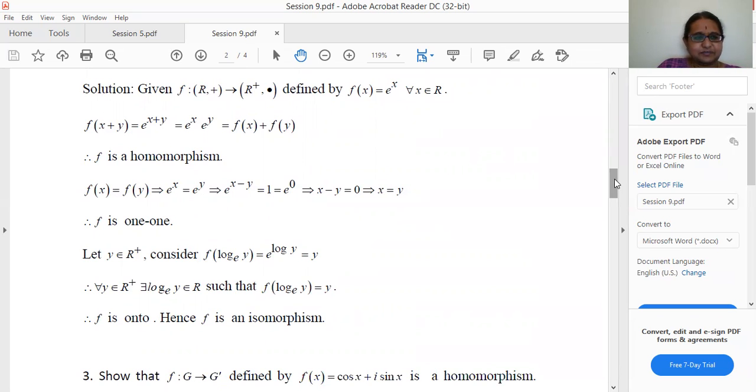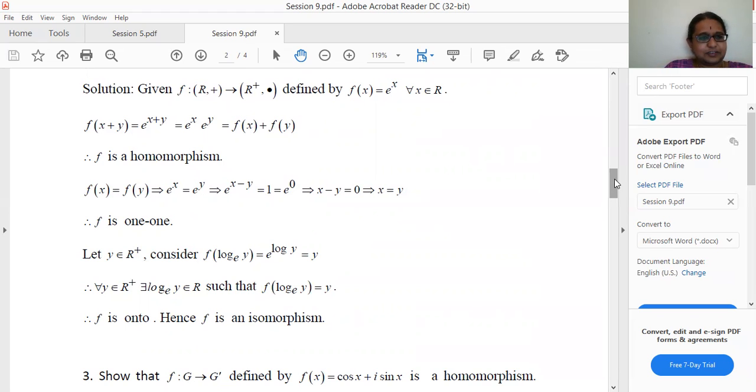So to check f is 1 to 1, consider f of x is equal to f of y. F of x is given as e power x, f of y is e power y. So this implies e power x is equal to e power y.